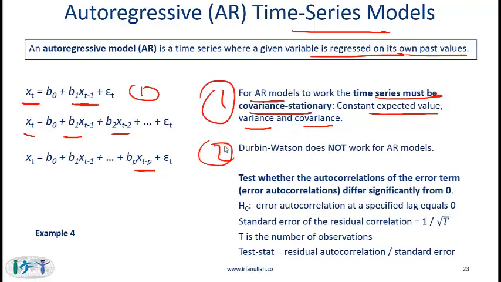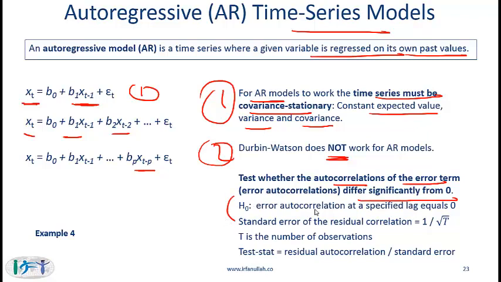Another very testable point is that with AR models, the Durbin-Watson statistic does not work. It works under your regular regression. It works with trend models, but it does not work with AR models. Test whether the autocorrelations of error terms differ significantly from 0. So what are the tests that you need to do?